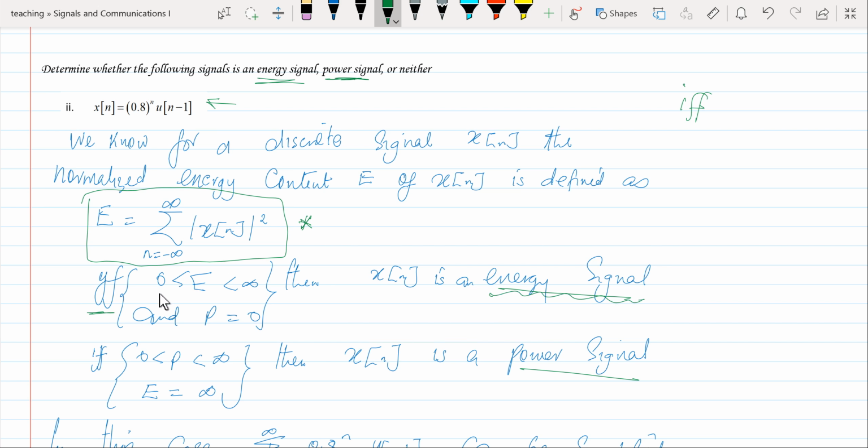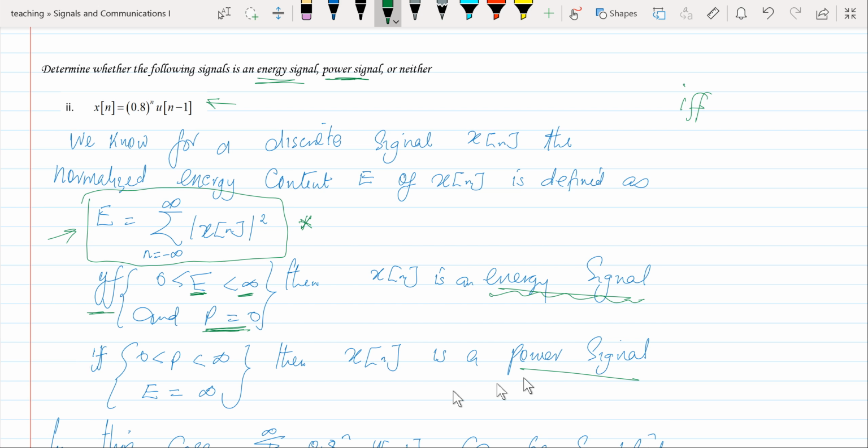The first condition is that the energy of the signal, evaluated using this formula, must be bigger than 0 and less than infinity, and the power of that signal must approach 0. If our equation satisfies this condition, then it is said to be an energy signal.